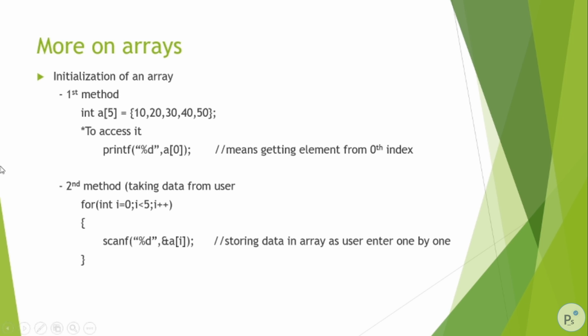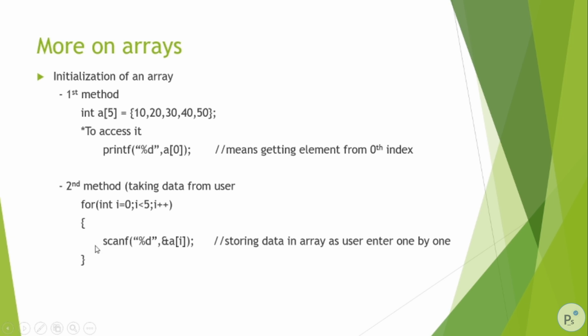That's why we get the value 10 first, at index 0. Remember that. The second way of taking array values from the user is by using a for loop. For integer type we write i = 0; i < 5; i++.